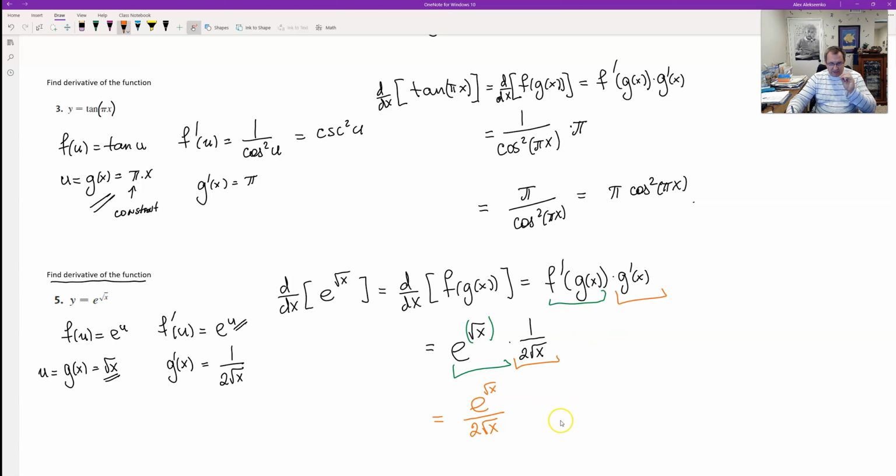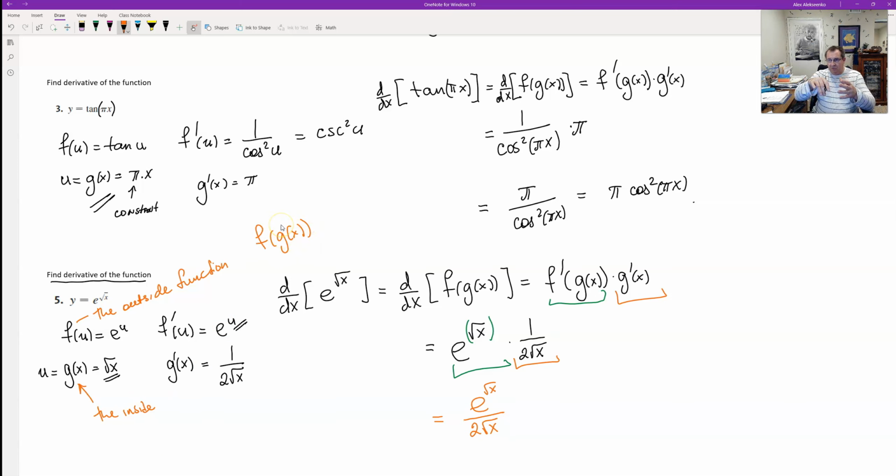Now, one last comment. There's a certain slang that we often use when we apply the chain rule. The function f is often called the outside function, and function g is the inside. And this is related to the composition, f of g of x.